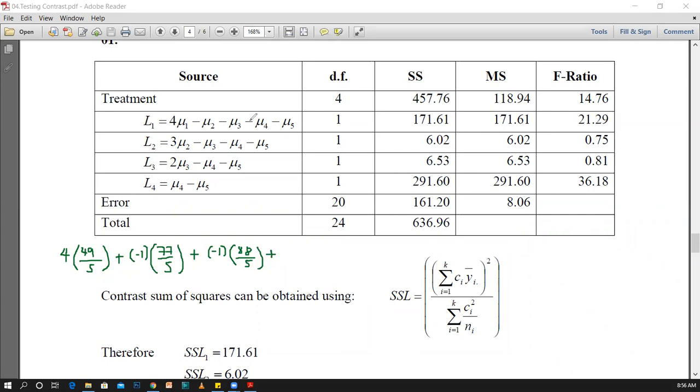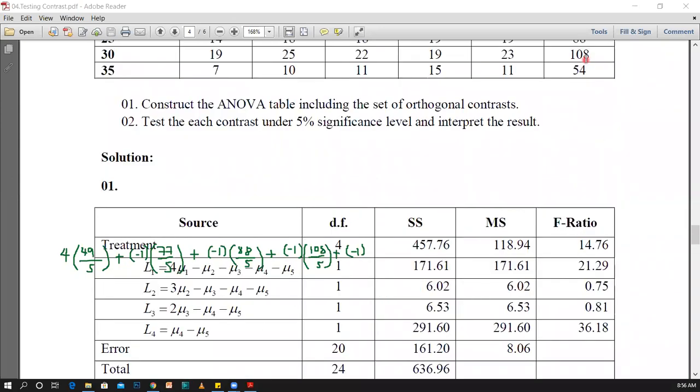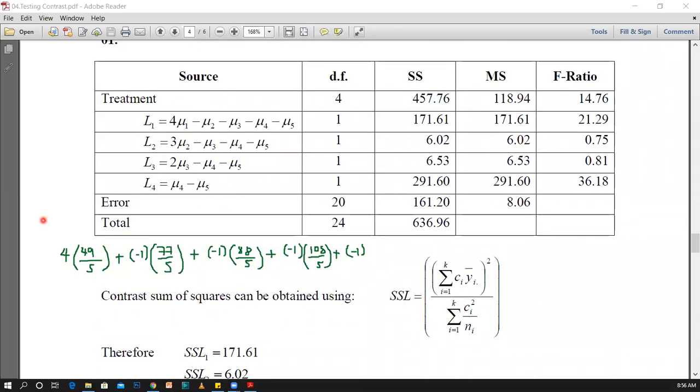Then the next ci value is -1, total was 108, divided by 5, plus -1, then the next total was 54. This has to be divided by 5 and then at the end you have to take its square term.